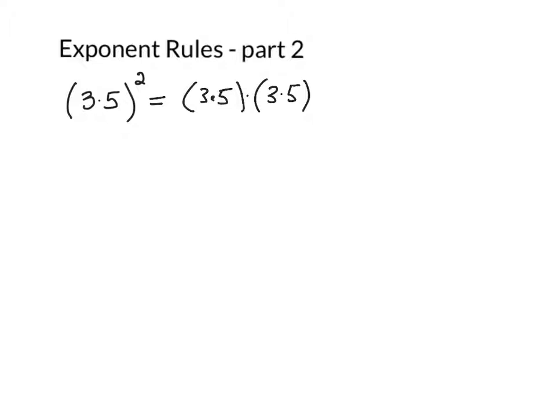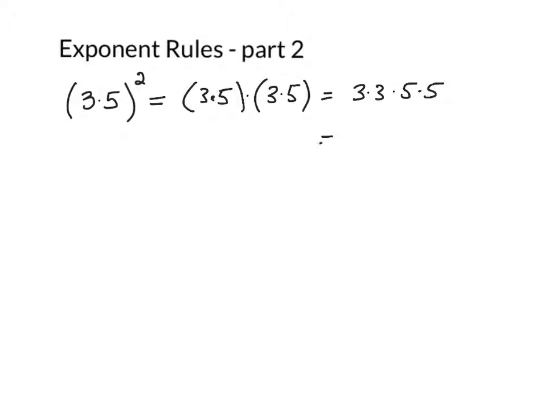Well, since we're multiplying everything together, and these are real numbers, we can switch the order of all of our multiplications. I can rewrite this as 3 times 3 times 5 times 5. I'll put the 3's together, and I'll put the 5's together, because I like things organized.